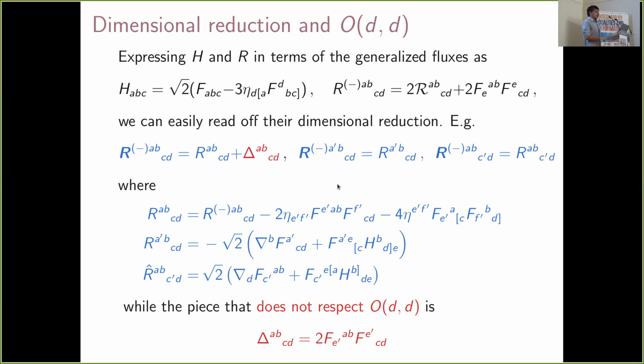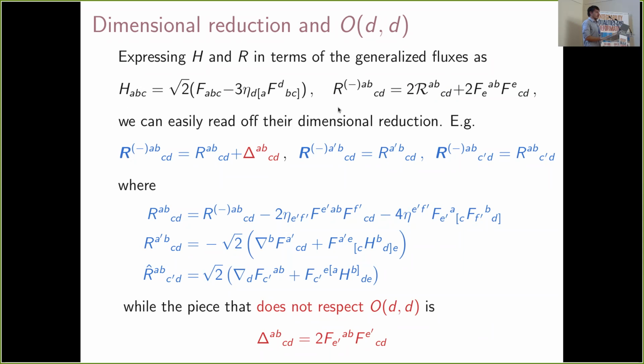And now we want to write an action in 10 dimensions. I set the dilaton to 0, so all scalars will be 0. So I want to write an action in terms of H and the Riemann tensor, but I'll work with this Riemann tensor computed from this torsionful connection because it behaves more nicely.